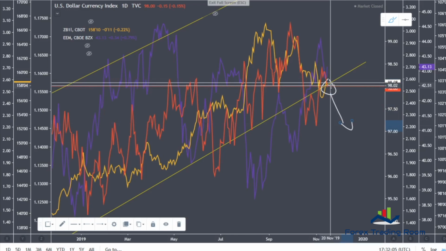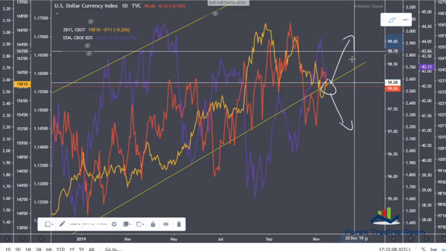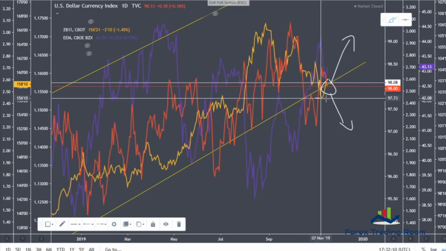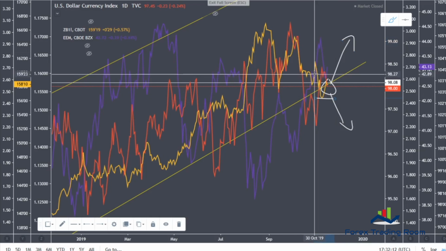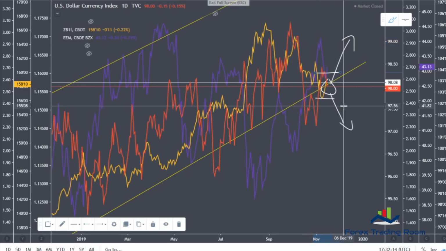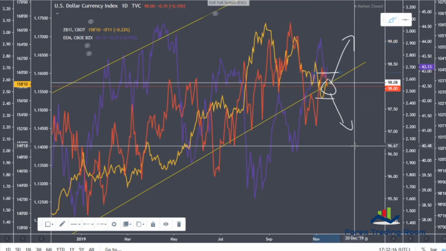It's one way or the other, but once we get some confirmation of a break, I'd say between these two levels, then we can look for long-term trade setups on either shorting the dollar pairs or buying the dollar pairs. Overall, we think the dollar has strengthened all year, and it's now looking to weaken to finish the last quarter off.